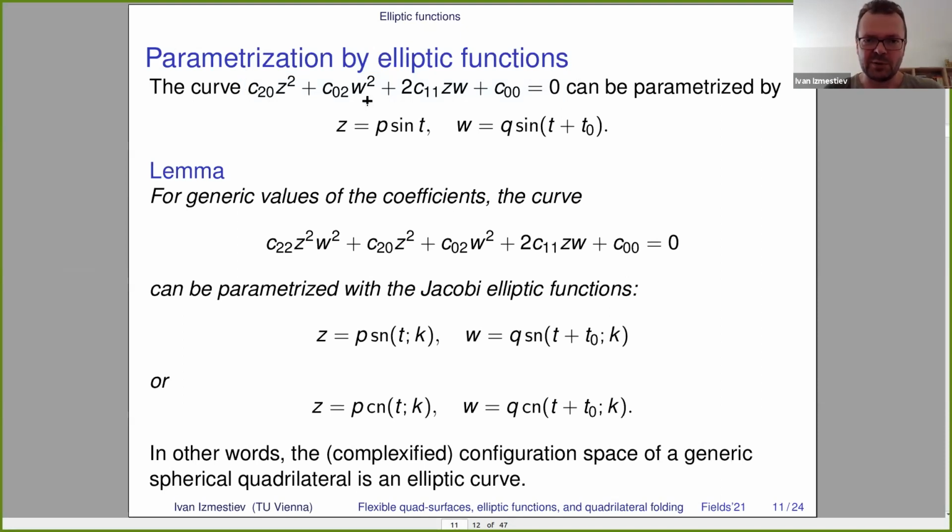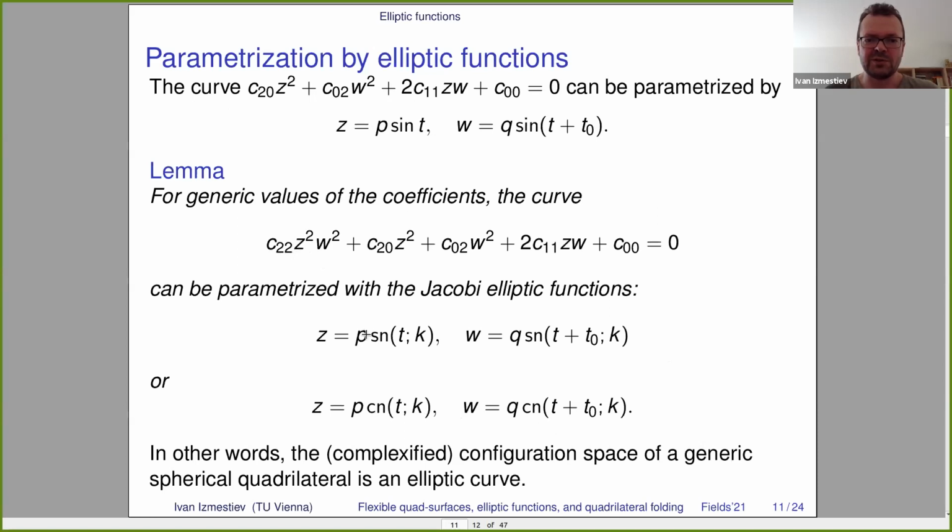It is centered at 0, so it's really symmetric with respect to 0. And one can easily show that this curve can be parameterized by trigonometric functions like that: sine t and sine shifted by some phase t0, and also some amplitudes p and q. Now, in our equation, there is this additional term, z squared w squared. And it turns out that this curve can also be parameterized either by elliptic sine or by elliptic cosine.